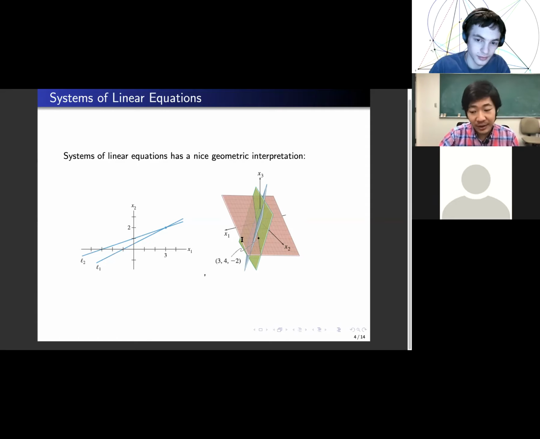The 3 possibilities are that you have one unique solution, for example 3 planes can intersect in one point, or you can have no solution because there might be no points where they intersect, like if you have 2 parallel planes that don't touch each other, then there are no points in common, so there's 0 solutions. Or, if you have 2 points that intersect, then you actually have to have infinitely many points.